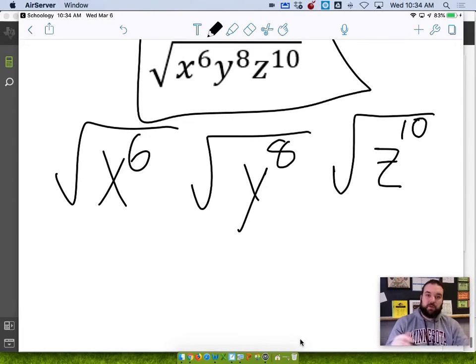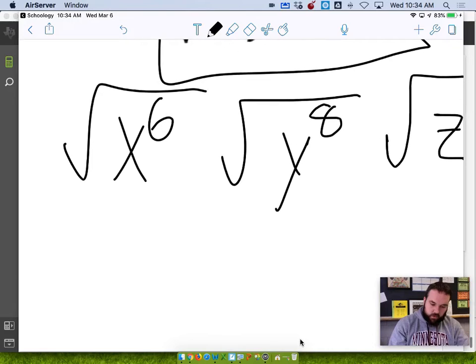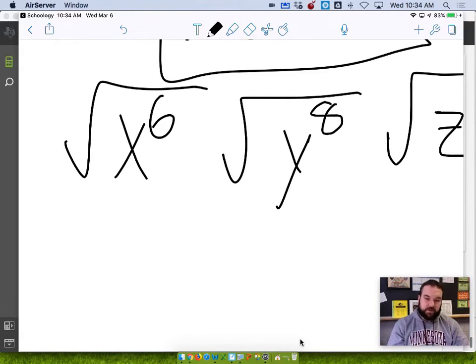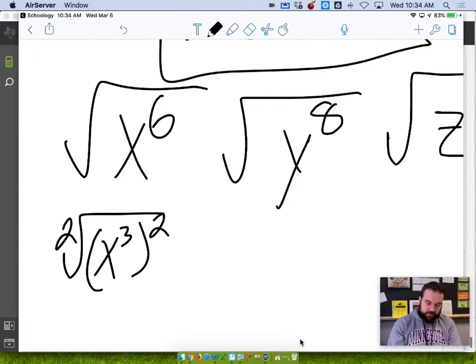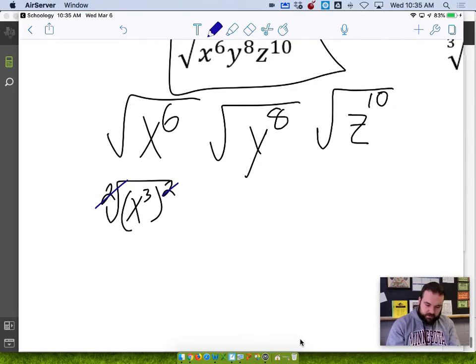So to square root x to the 6th power, you might already know how this simplifies, but if not, you can see that I can write this as x to the 3rd to the 2nd power, right? Because yesterday we saw if you have an exponent raised to another exponent, you can just multiply them together. And since this is a square root, essentially the square root and the squared undo each other, and I'd be left with x to the third power.